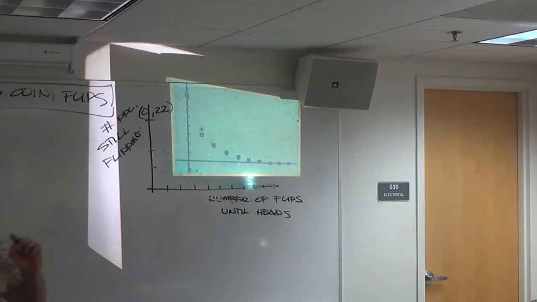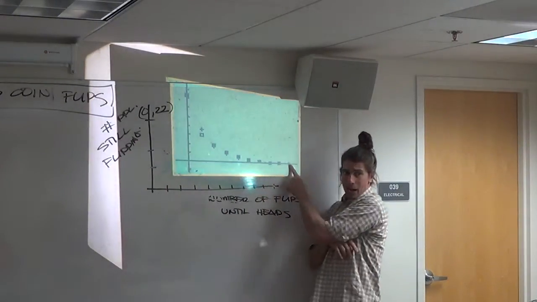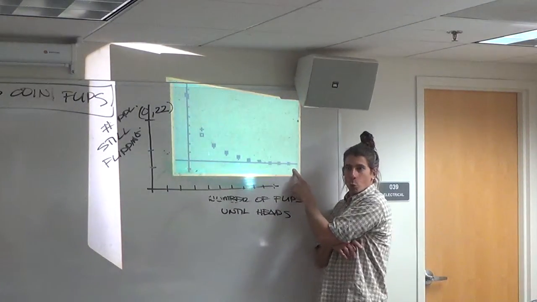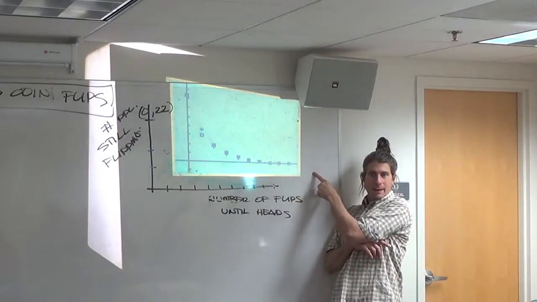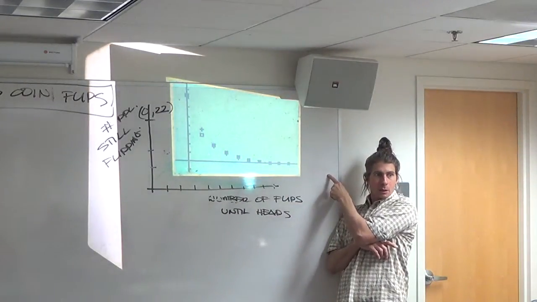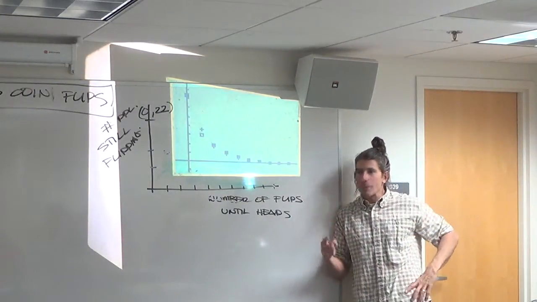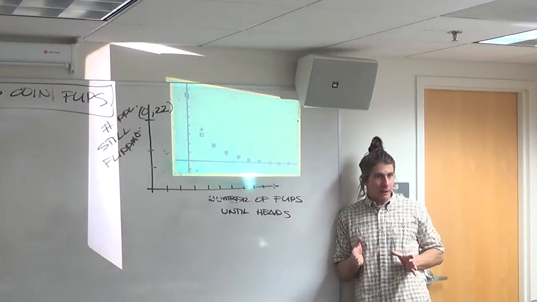But let's think about it more, though. We stopped out here at 9. Let's suppose we kept flipping. Would you expect more or fewer people remaining the more you flipped? You would expect fewer, yes? It makes perfect sense. The more you flip, the more and more of a chance you're going to have of getting heads somewhere. So then you're done flipping.